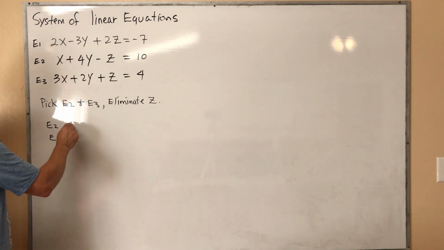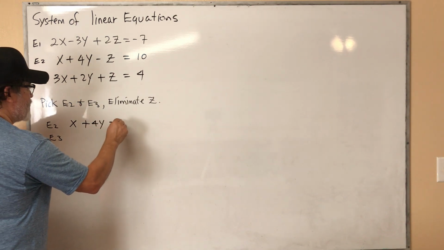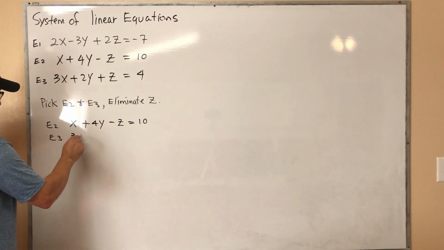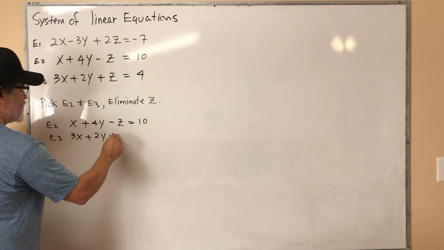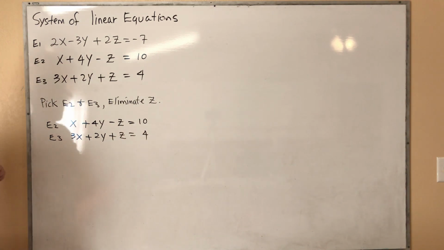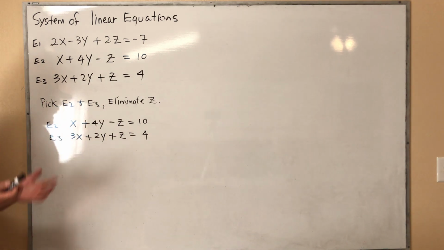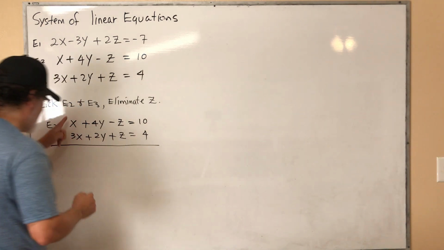Equation 2 is x plus 4y minus z equals 10. Equation 3 is 3x plus 2y plus z equals 4. I'm going to eliminate z by adding. Okay, not a problem. Let's add.